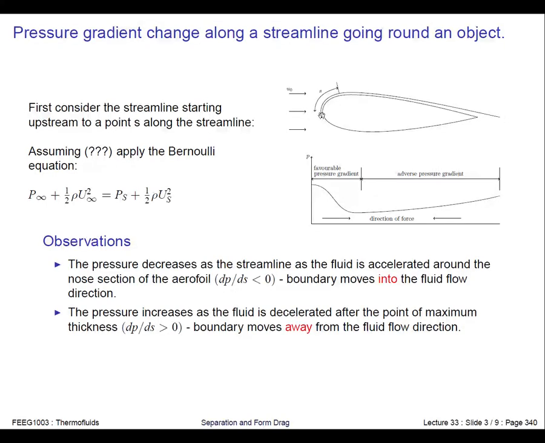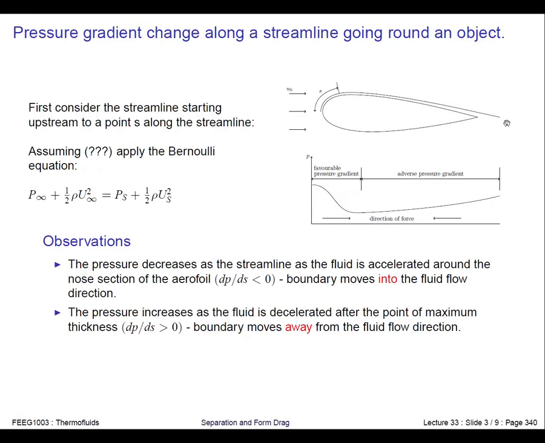When the flow is pushed around the object, it's accelerated in this region, and as it's accelerated, the pressure must decrease to keep the stagnation energy the same. Then it gets to the thickest part of the aerofoil, and after that the velocity will relax. So the velocity is slowing down here and the pressure is going up.